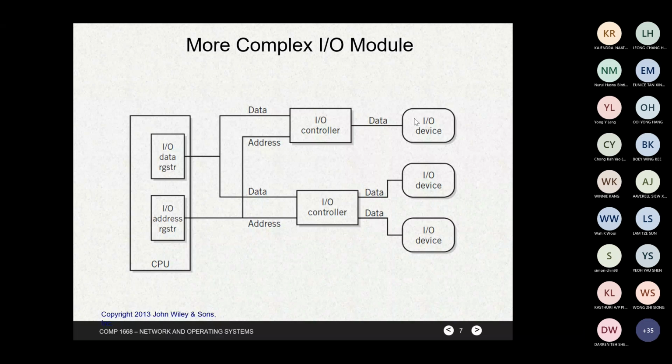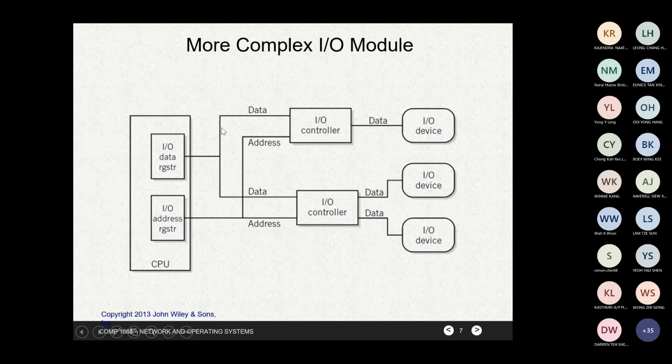If it is a signal, for example, you need to trigger a point in another component, then you just need the address of that signal instead of the data. So that's the reason why I say this I/O controller is a very specific device which will manage the incoming data or signal accordingly.